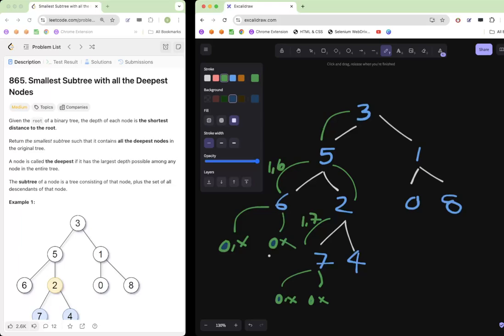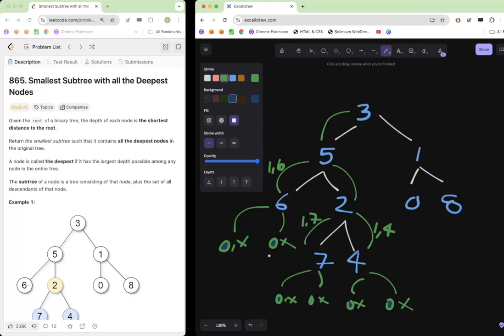We go back to the root, goes to the right, checks the left is none, the right is also none. The heights of both nones are 0, so they're the same. So we return 1 to indicate that we have one level, and then the root.